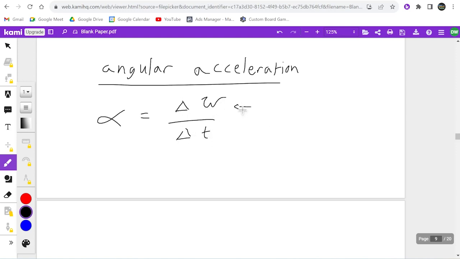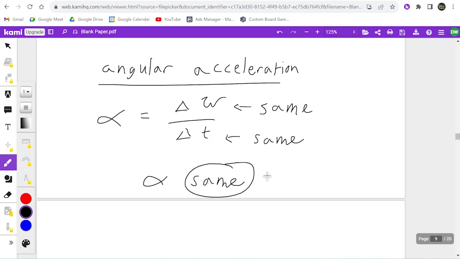And remember, if the angular velocities were the same, like we said on the last page, then the change in angular velocities also has to be the same. Again, it's the same time too, which means that alpha is going to be the same for both as well. So they're all the same, at least for alpha. And tangential velocity was bigger for B.